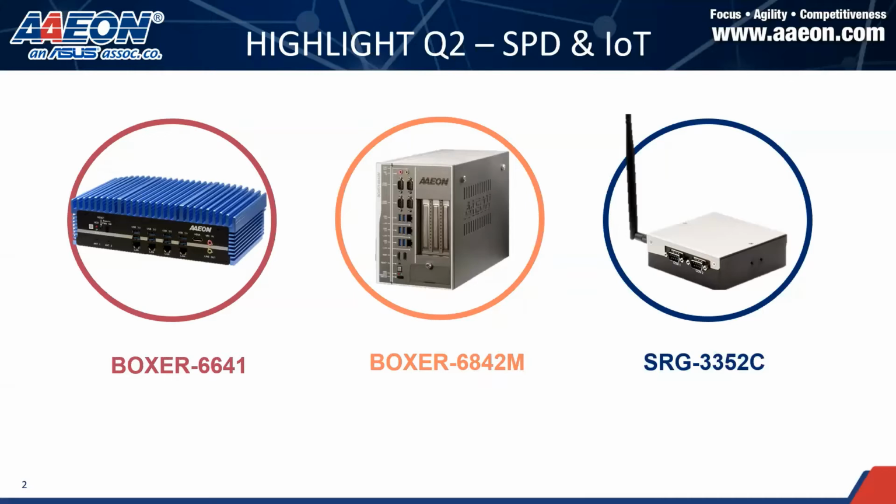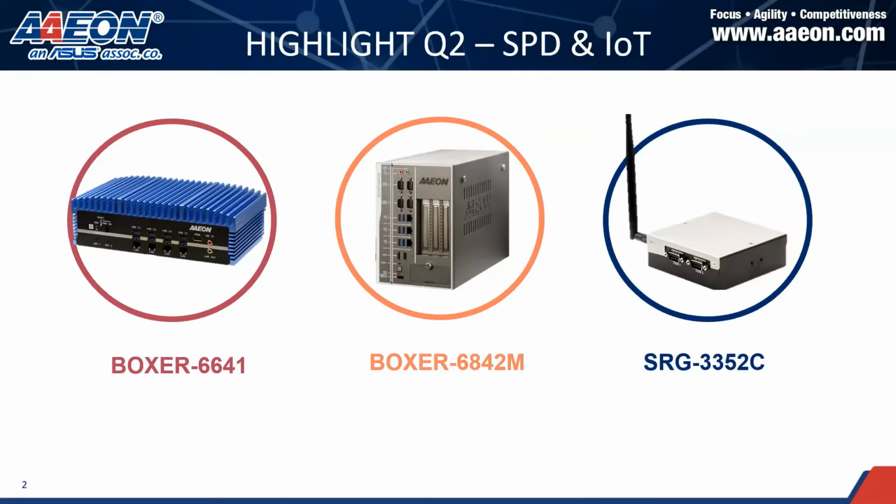The reason I'm going to introduce the 6641 and 6842 is that those two products launched at the beginning of this year, and quite a lot of customers use these products to build high performance systems and solutions, and they're really happy about it. So we want to promote them more to let more people know about the benefits of using those two products.